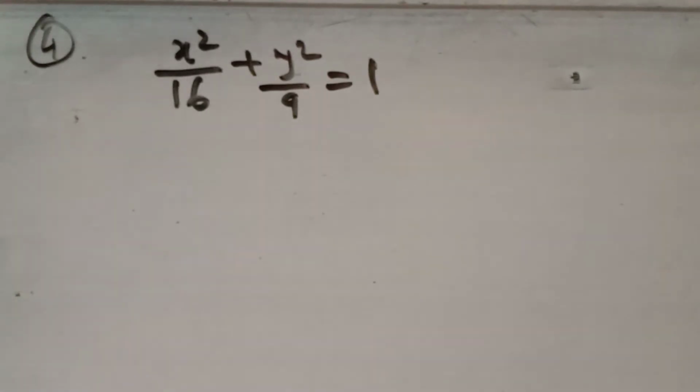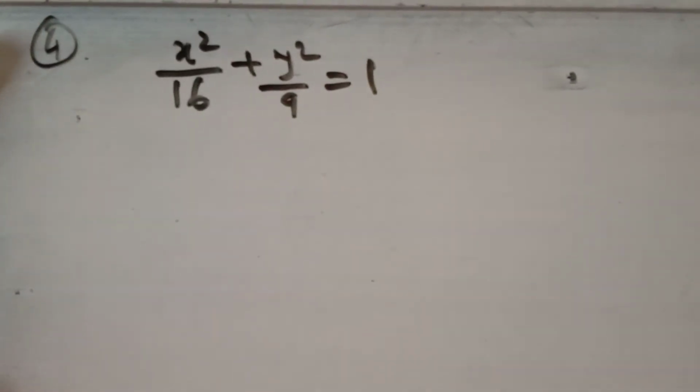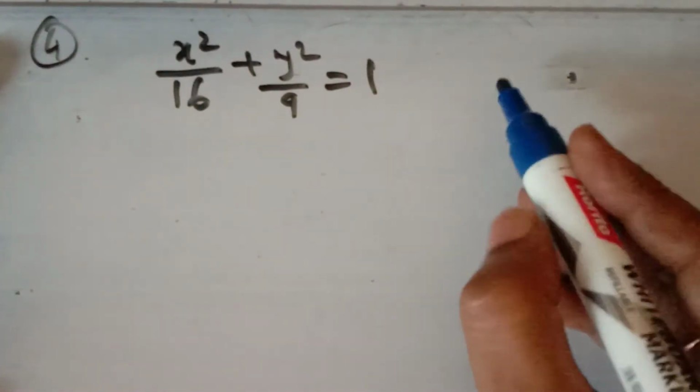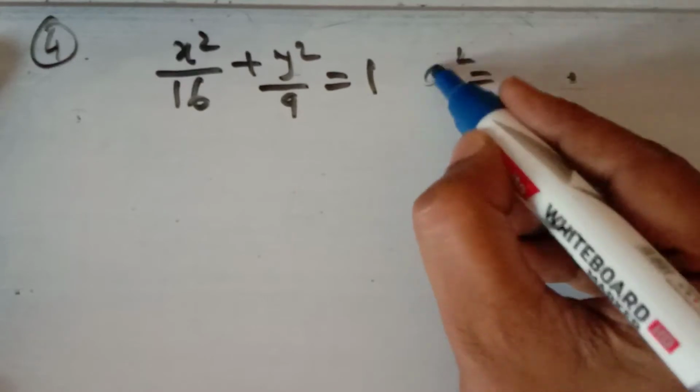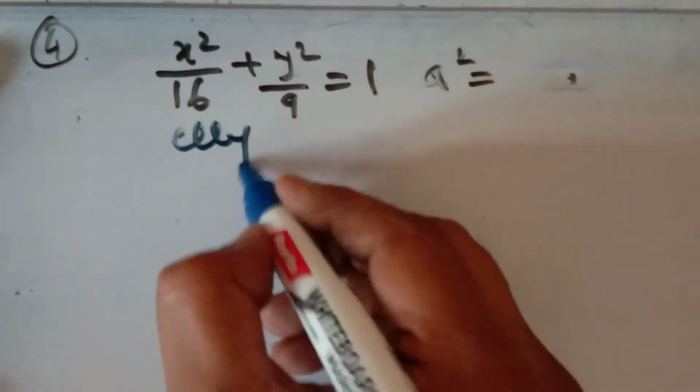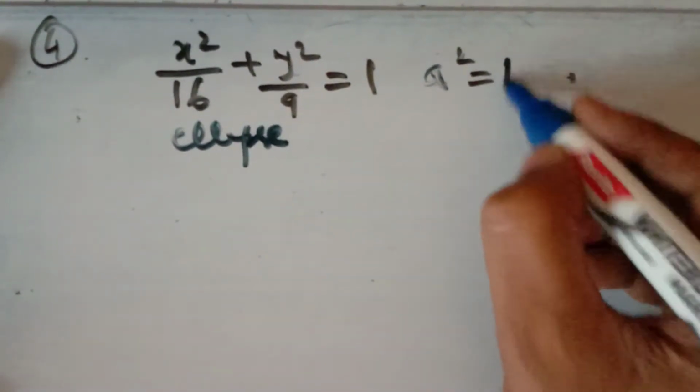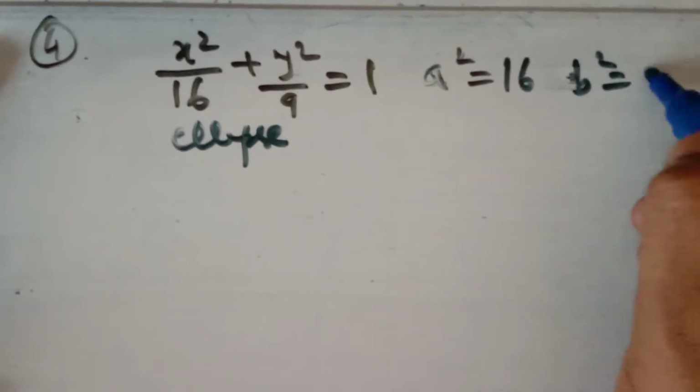Now first of all, again you have to detect what this curve denotes. You know that x square upon 16 plus y square upon 9 equal to 1 is the standard form of the curve ellipse, where a square is equal to 16 and b square is equal to 9.